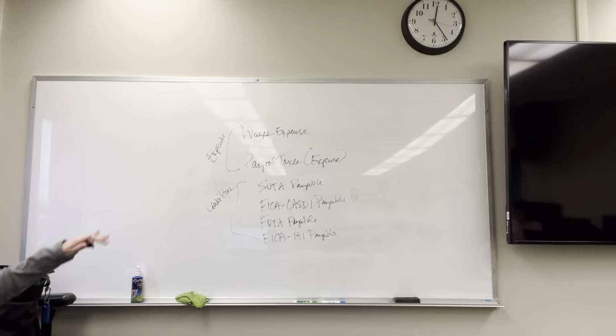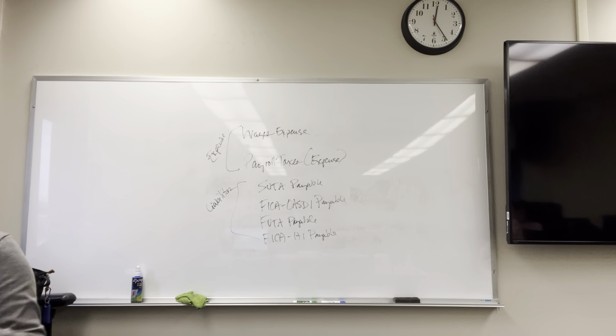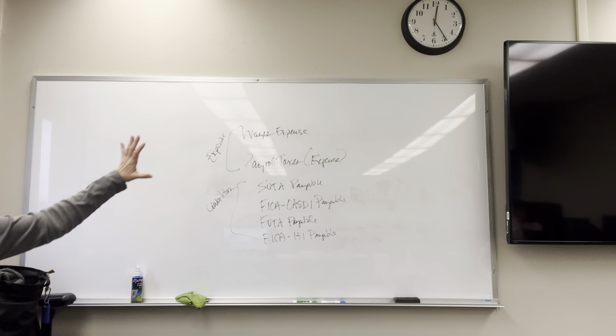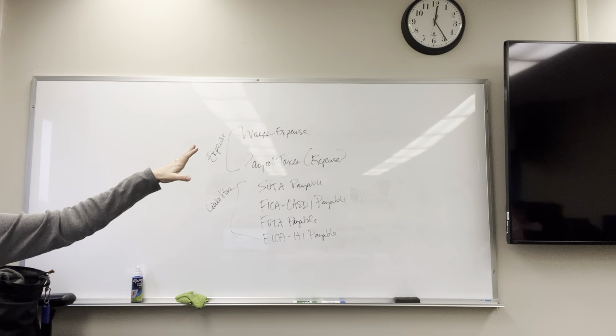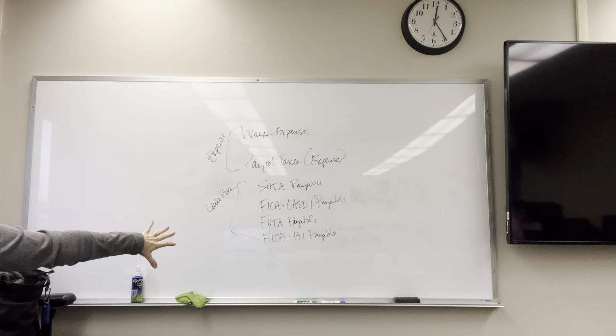Right. So know the distinction between those payable accounts and those expense accounts. And for those of you that are in accounting or have taken accounting, remember those expense accounts are going to show up on the income statement. These are going to show up on the balance sheet.